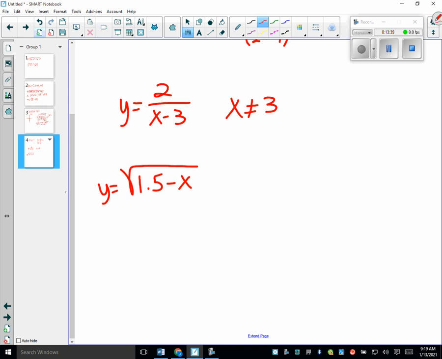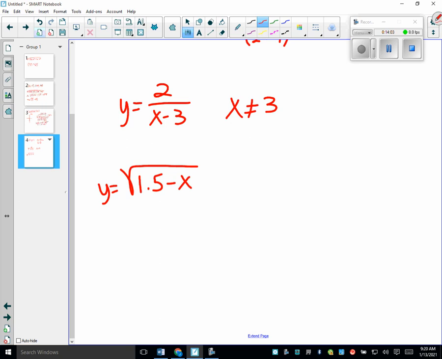What has to happen under a radical? No, not necessarily. I just want it to be a real number. So does it have to be 0 or bigger under the radical to be a real number? Right? I'm not talking about odds.